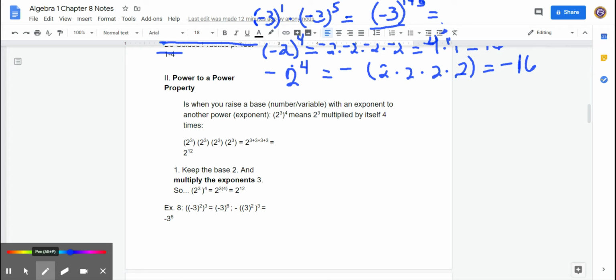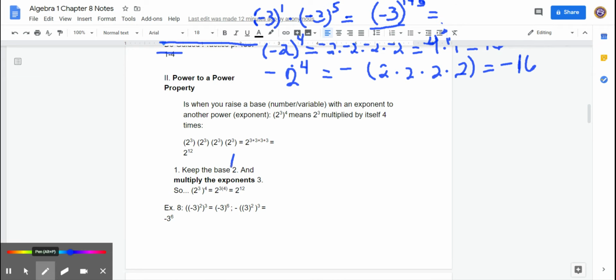If we use our laws of exponents, now we have multiplying like bases. We keep the base and we add the exponents. 3 plus 3 plus 3 plus 3 is 12. But we can see, instead of doing all that work, that if we raise a power to a power, we can simply multiply the exponents. So again, we keep the base.